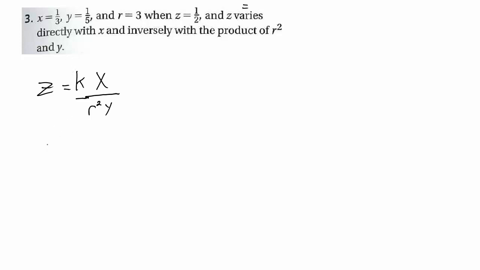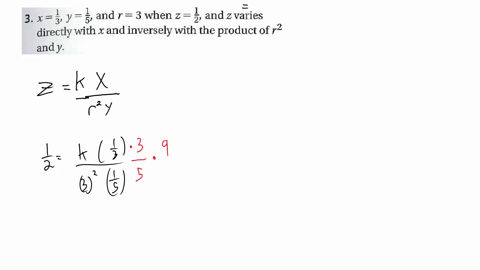So now I'm going to plug in my numbers. Z is 1/2. K, I don't know, I'm going to solve for. X is 1/3. And Y is 1/5. And then R squared is the 3 squared. Then we just simplify and we solve for K. So to cancel out the 1/3, I multiply by 3.